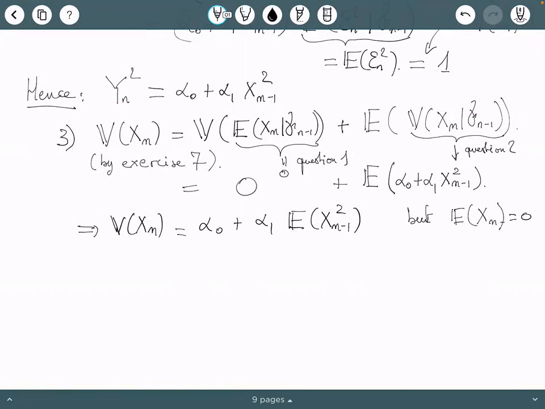Why do we know that? Because we have seen in question 1 that the expectation of xn given fn minus 1 is equal to 0. So if you take the expectation on both sides, you will get that the expectation of the conditional expectation, which is the expectation of xn, is equal to 0. Okay, so in fact here I can replace this guy by the variance of xn minus 1.